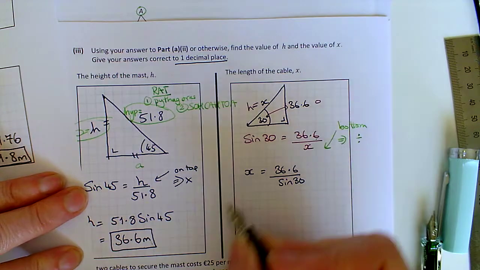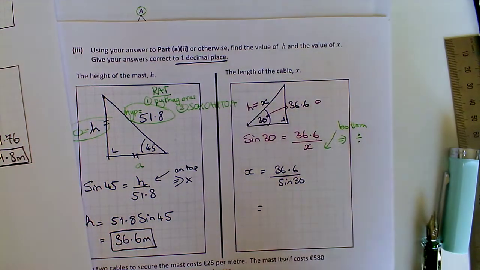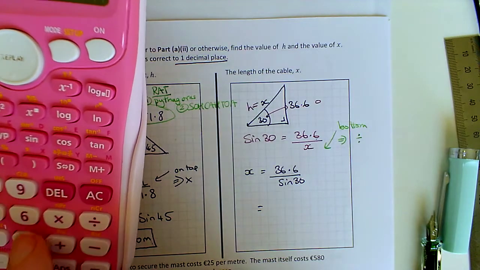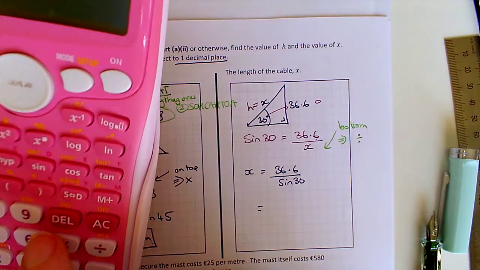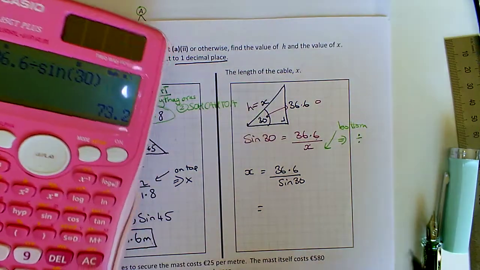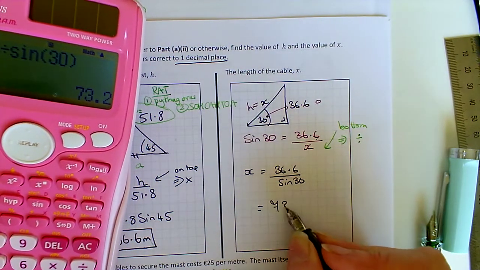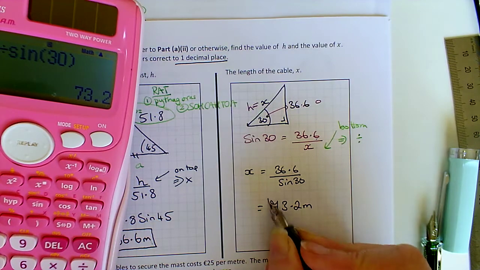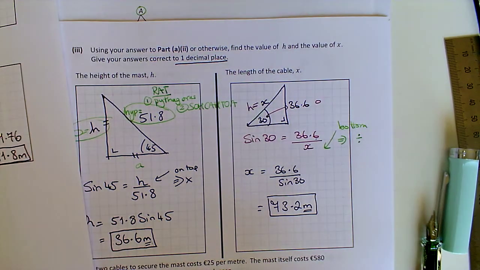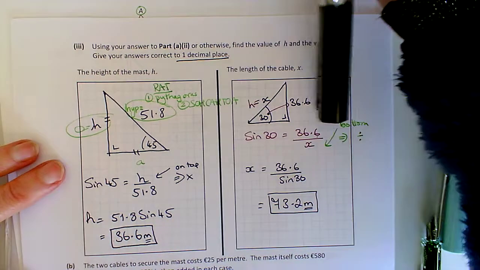It's all about where the unknown is. So I'll do this in my calculator in one step. 36.6 divided by sine of 30. That gives 73.2 meters. And you will lose a mark if you don't put in those units because the question included the units. Right, okay, part B then.